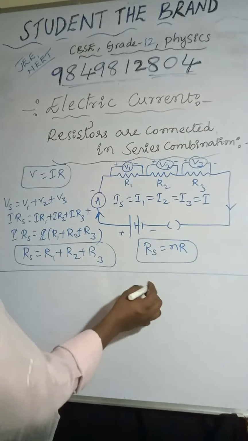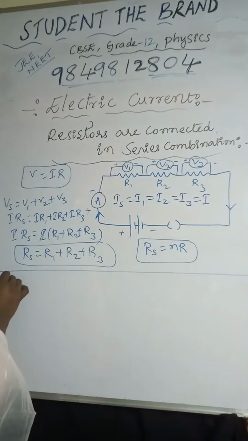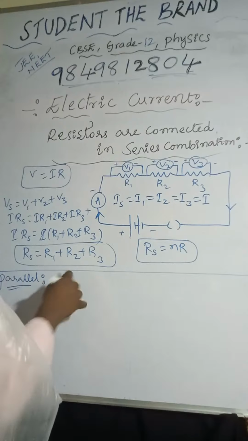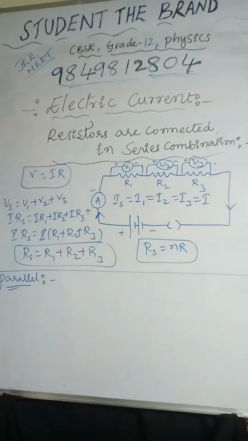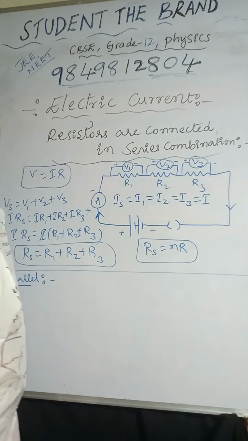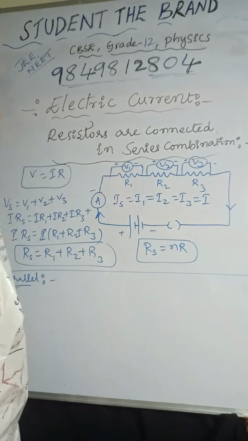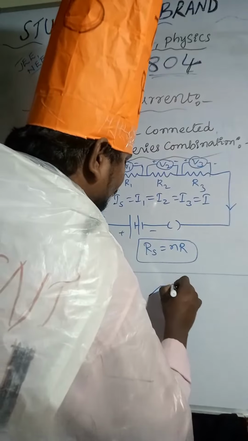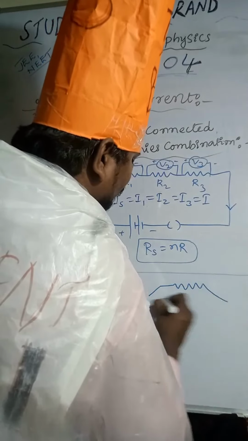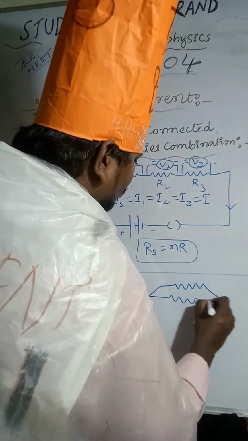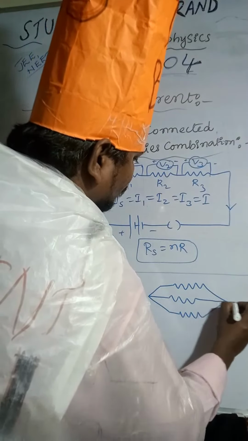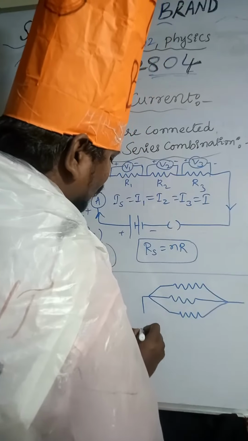So next one, resistors are connected in parallel combination. So same formula, okay, in the form of cells we'll use. Just check once. Now parallel combination. So ammeter.